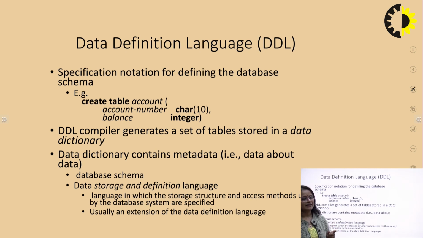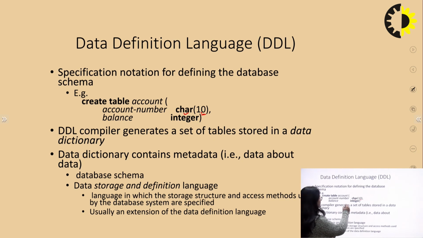Account number can take only 10, so 10 is the data size, meaning account number can be given up to 10 digits, and char is the data type, character, so only character values can be inserted into the account number. If it is varchar, it means variable character values can be inserted into account number.